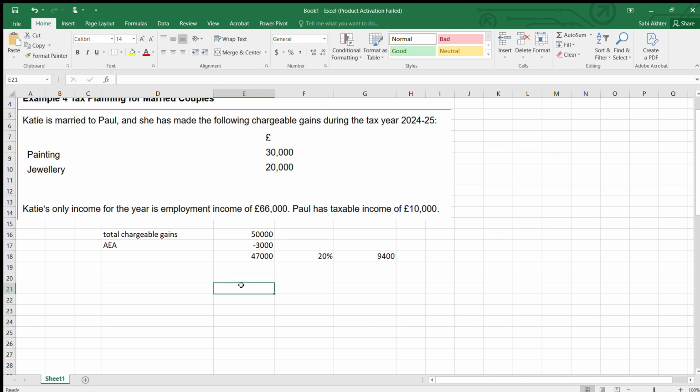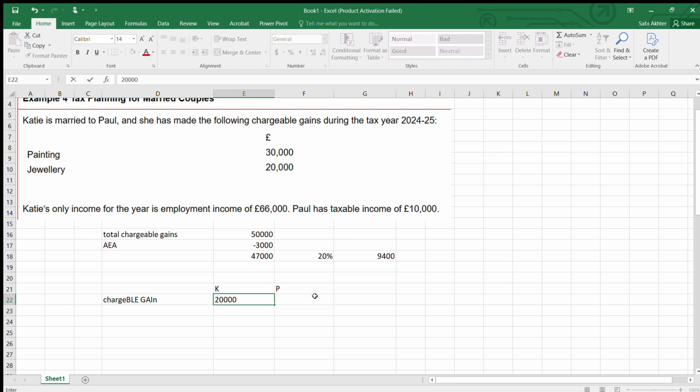Now Katie, K and P. So Katie would be having a chargeable gain of 20,000 only, the jewelry.